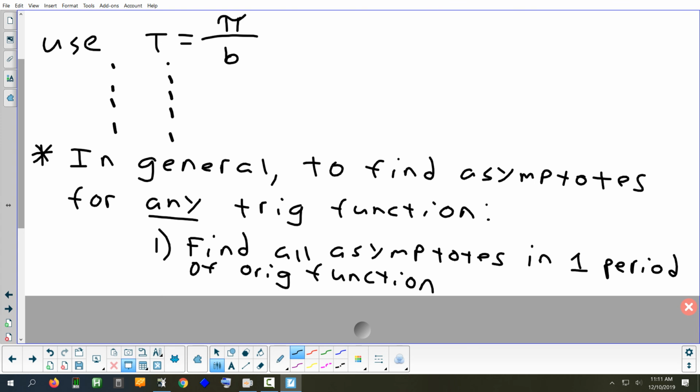First thing we have to do is just find the asymptotes in one cycle, or one period of the original. Now, I think if you're wondering, well, how can I remember what the asymptotes are in the original? Well, one way to do it, if you ask me off the top of my head, okay, what are the asymptotes for tangent?